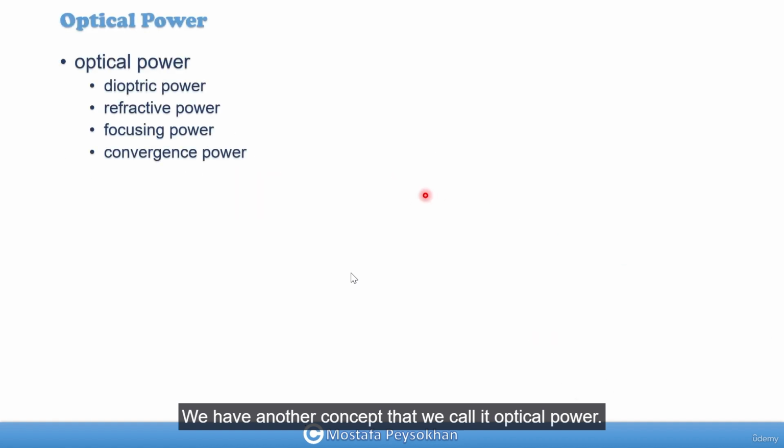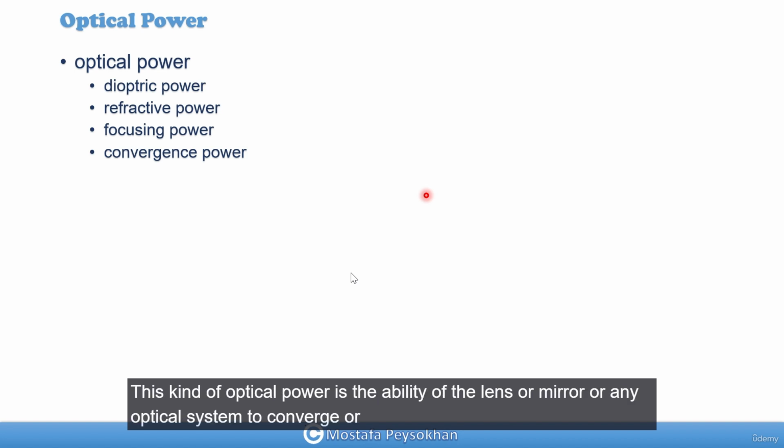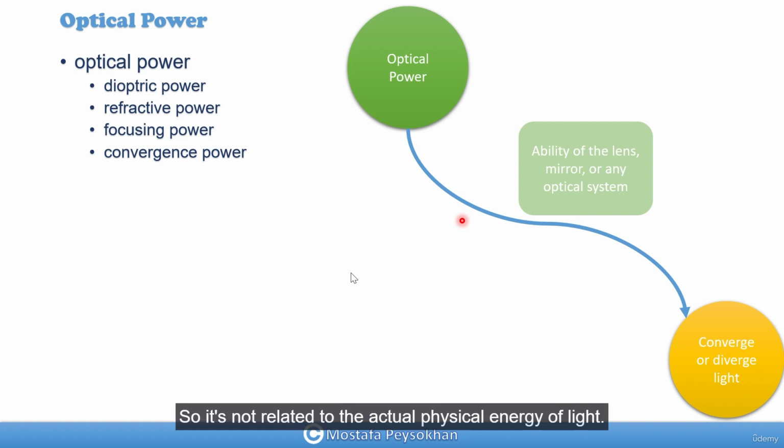We have another concept that we call optical power. It's not related to optical power in milliwatts or that kind of thing. This kind of optical power is the ability of the lens or mirror or any optical system to converge or diverge light. It's not related to the actual physical energy of light.